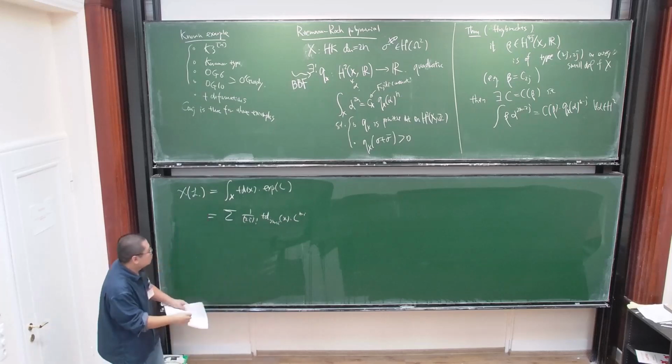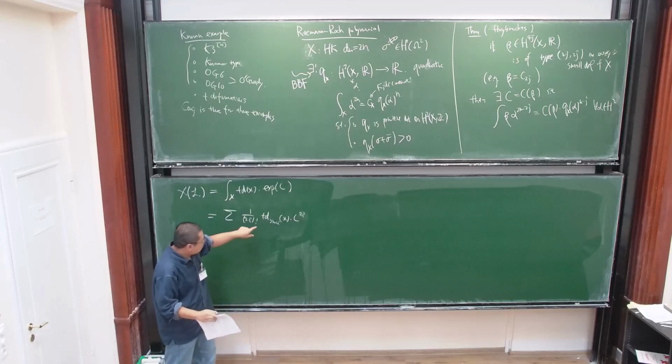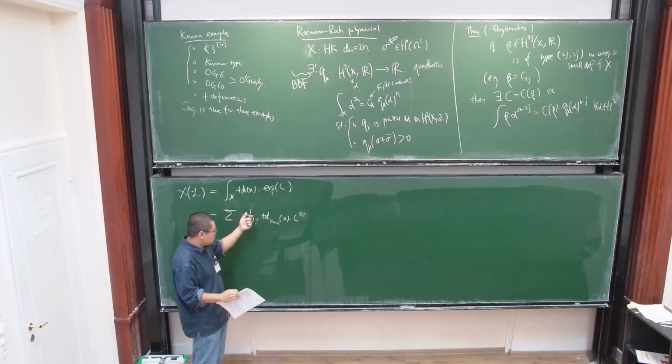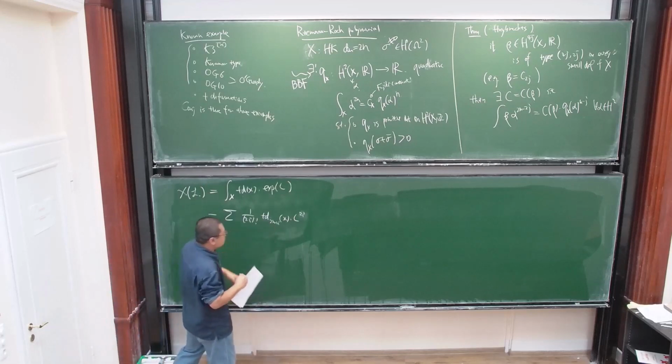Okay? Sorry, it's 2i. Okay, so remember, there's no odd Chern class on hyperkähler. Okay, so everything is even.